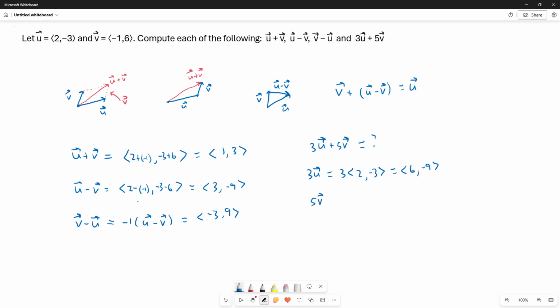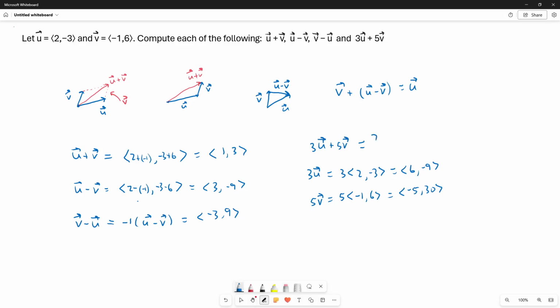And 5v, we'll take the scalar 5 and multiply it by each component in v. 5 times negative 1 is negative 5, and 5 times 6 is 30. So these are the vectors 3u and 5v, and now we can add them.